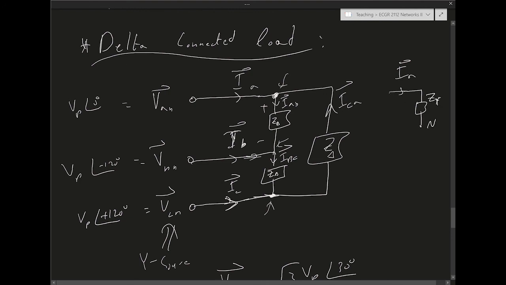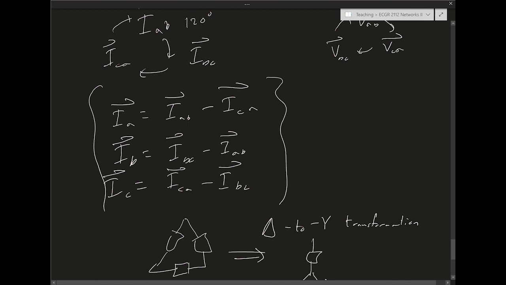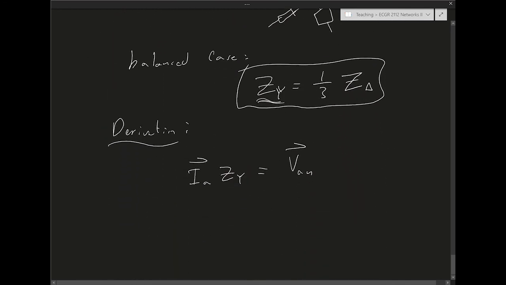Well, this is at the same voltage as the neutral. This is a neutral, right? Remember, this is a balanced situation. So the voltage drop across this impedance is going to be just VAN, right? IA times ZY. So whatever my equivalent impedance to the delta is, this is what I'm trying to calculate, I should expect this times IA to give me VAN.